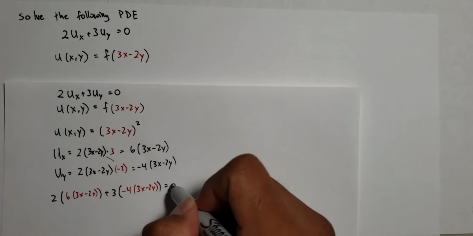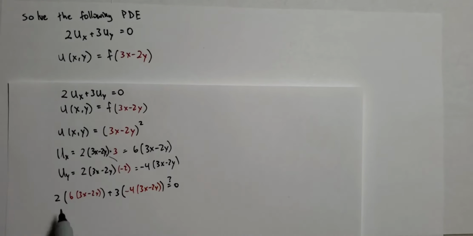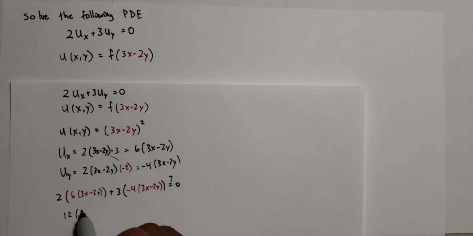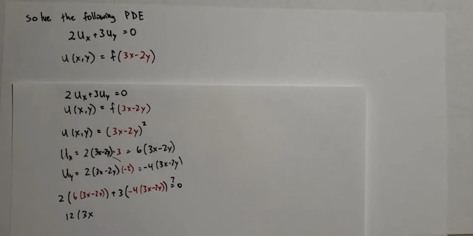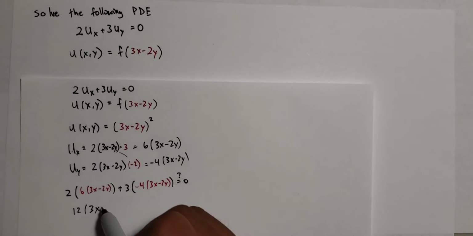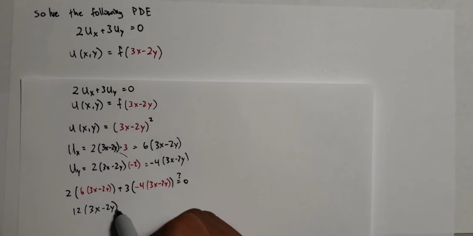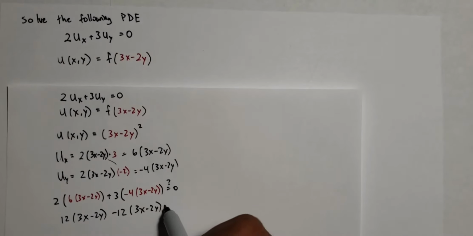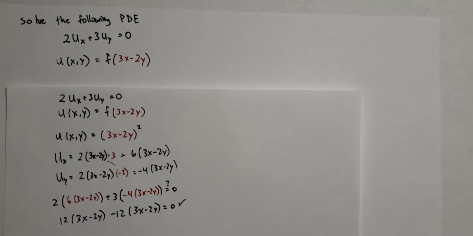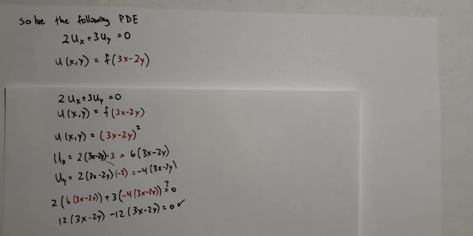Is that equal to 0? Well, let's find out. So this is going to be 12(3x minus 2y) minus 12(3x minus 2y). So it is equal to 0. So that is the solution. That's from the previous videos; I just wanted to show another example.